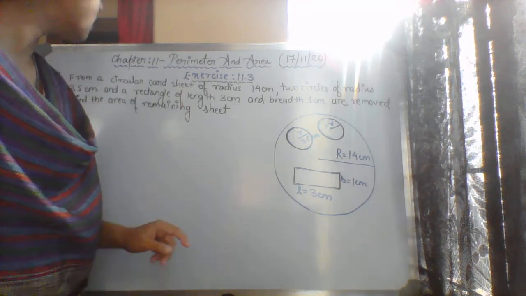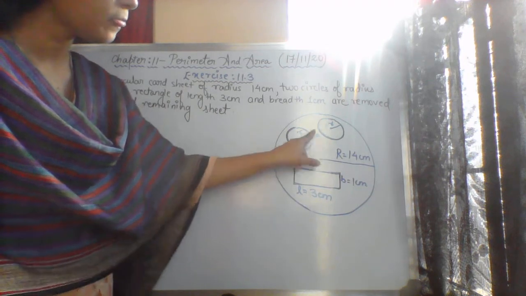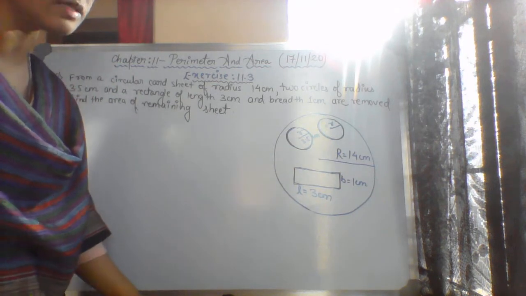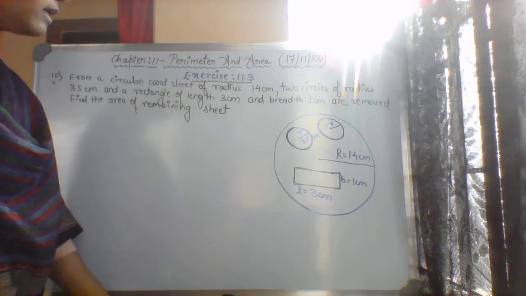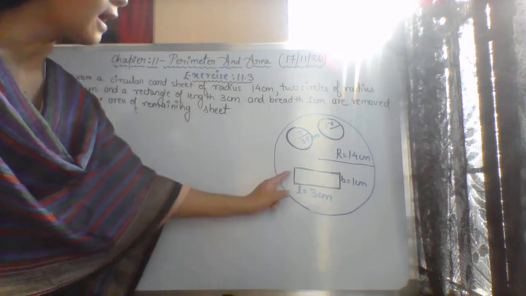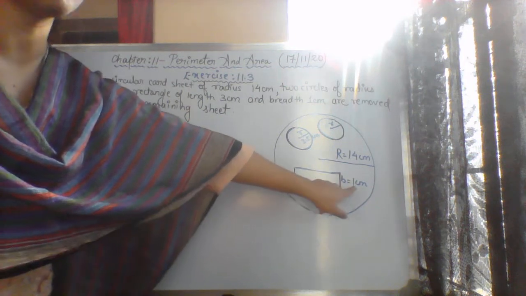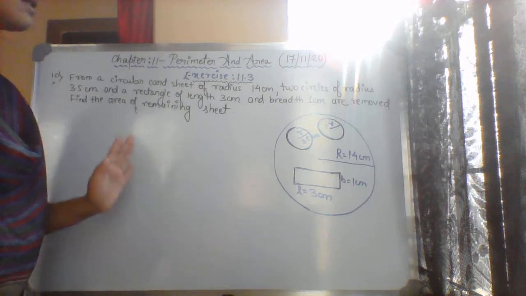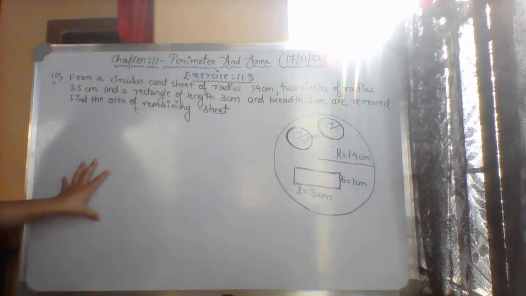Now two circles of radius 3.5 centimeter, both of the same radius, and a rectangle of length 3 centimeter and breadth 1 centimeter have been removed from this bigger circular card sheet.